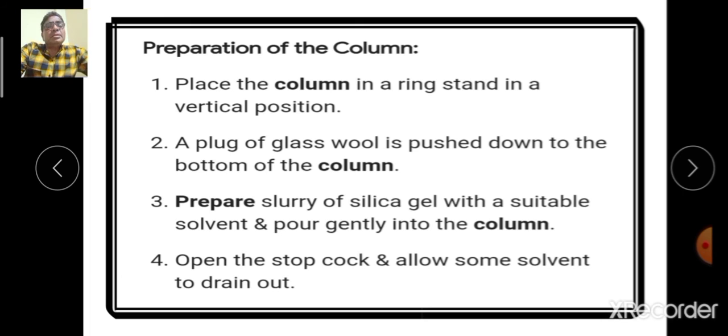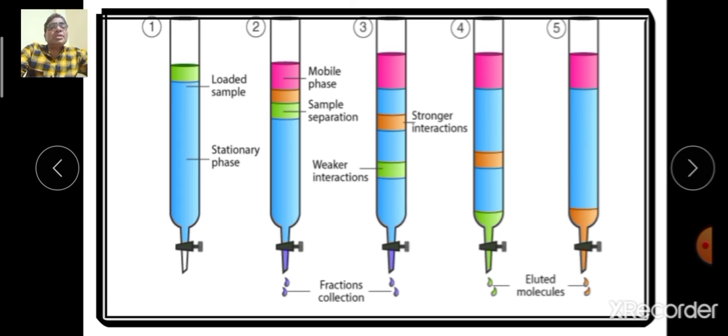Then the slurry solution of silica gel is prepared with a suitable solvent, and this solution is gently poured into the column from the top. After pouring the slurry solution, the stopcock is opened and some solvent is allowed to drain out. Now these are the columns which are prepared.